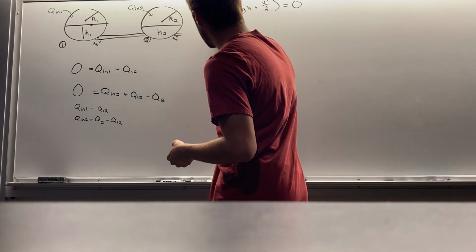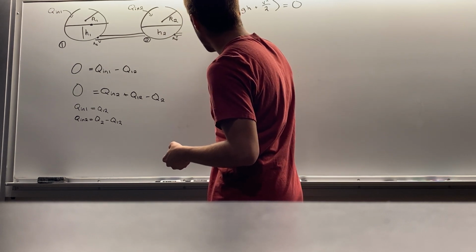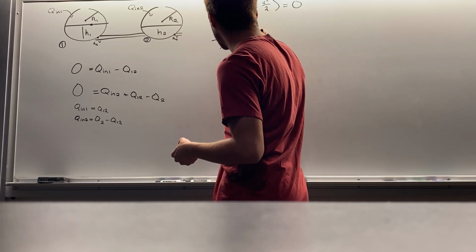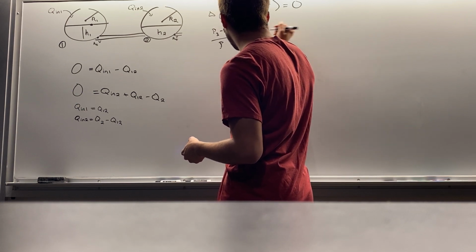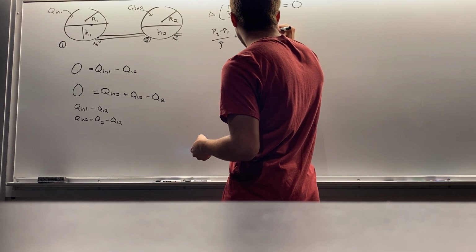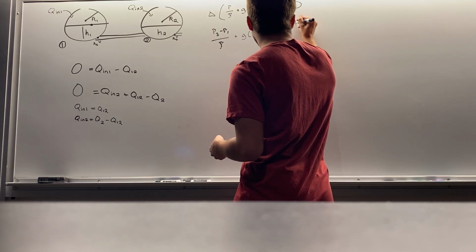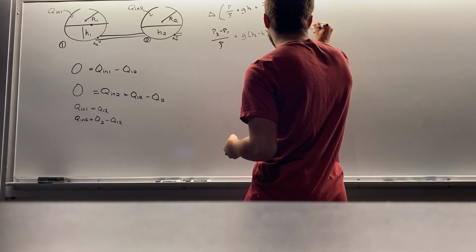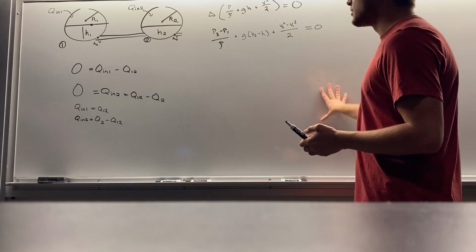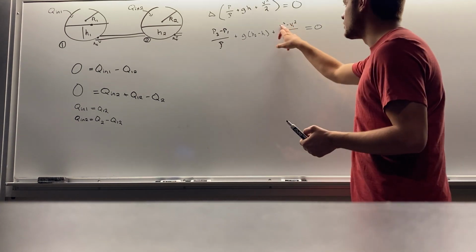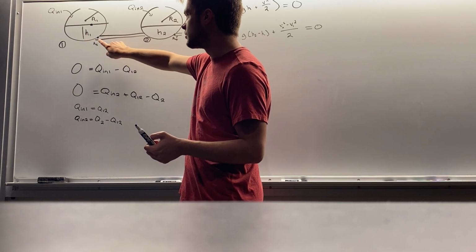So we get P2 minus P1 over rho plus g(H2 minus H1) plus (V2 squared minus V1 squared) over 2 is going to equal 0. There, so now we just need to solve for V2. So we're taking this as point 1 and this as point 2. So this will be V2.